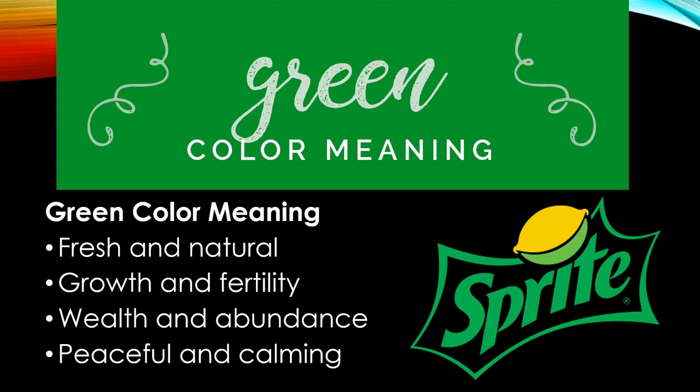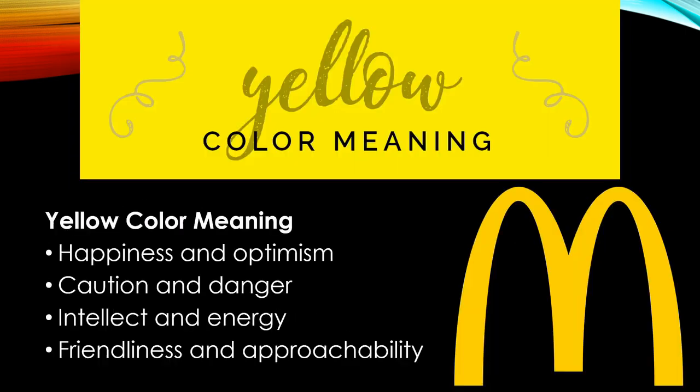Next is yellow, and yellow is typically shown as being happy or being cautious, intelligent, energetic, friendliness, approachability, and you can see that with McDonald's. McDonald's golden arches.